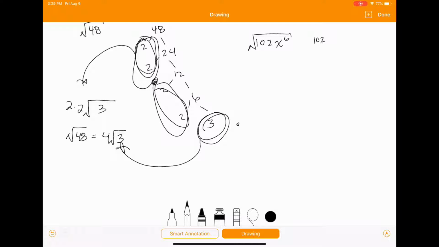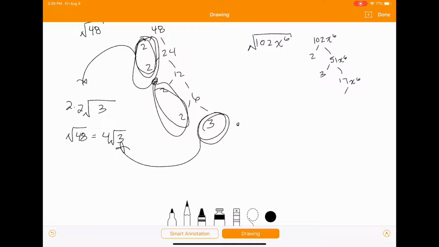So 102 x to the 6th, 2 and 51. 51 divided by 3 and 17. And of course, these have x to the 6.